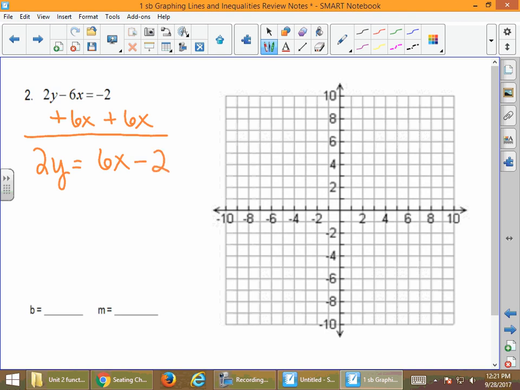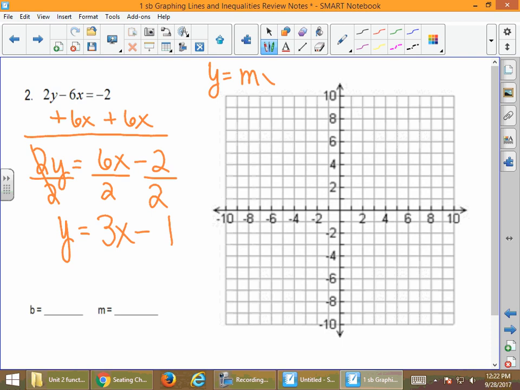It's 2 times y. The inverse operation is going to be to divide by 2. And we end up with y equals 6 divided by 2 is 3x, 2 divided by 2 is 1. We solve for y, so we can put our equation back into y equals mx plus b, back into the slope-intercept form.